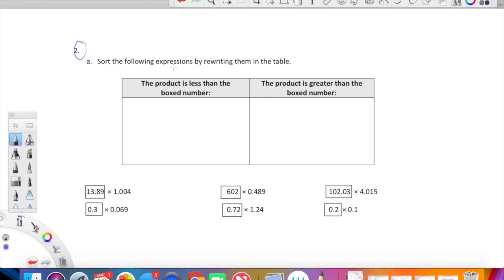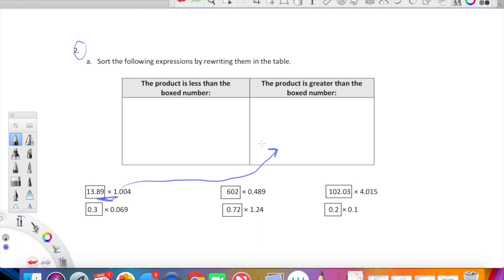Sort the following expressions by rewriting them in the table. So I'm not going to exactly rewrite them. I'm just going to circle them and put an arrow into the box that it's supposed to go in. So, let's do this one right here. 13.89 times 1.004 would go in the greater box.